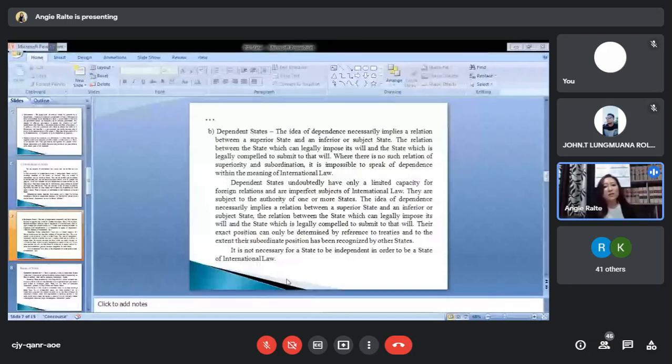The dependent states have limited capacity for foreign relations. They depend on other states in their relations. It is not necessary for a state to be independent in order to be a state of international law.